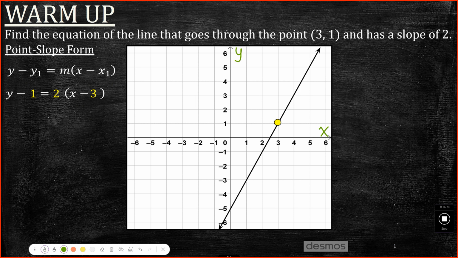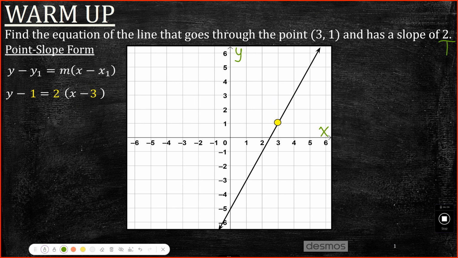When x is 3, y is 1 would be this point. Then it has a slope of 2. Slope is called rise over run, so it's how much you go up over how much you go over. You're rising up 2, and going over 1, so 2 over 1.